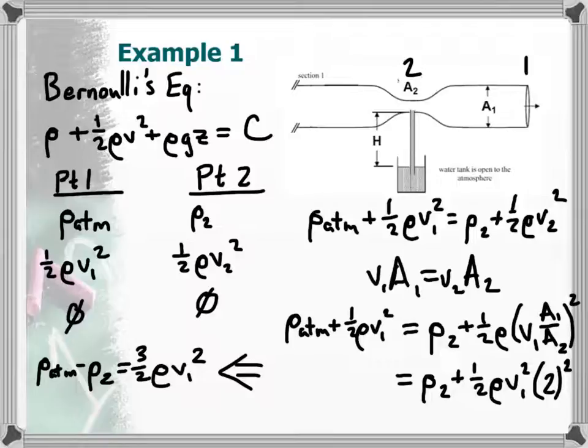If I collect the pressure terms on the left-hand side and the kinetic energy terms on the right-hand side, I have P atmosphere minus P2 is equal to 3/2 rho V1 squared. Well, I would solve this for P2, but I realize that what was in my equation for pressure versus depth is actually P atmosphere minus P2. So I'm not going to mess around with that equation any further.